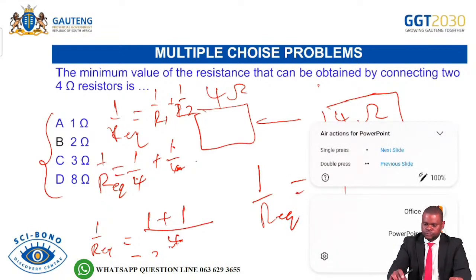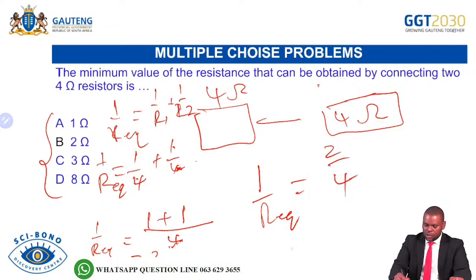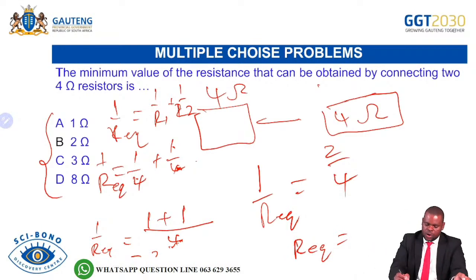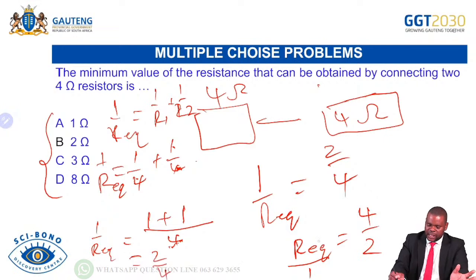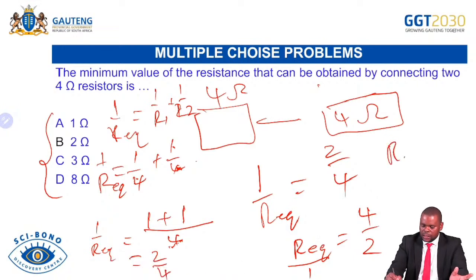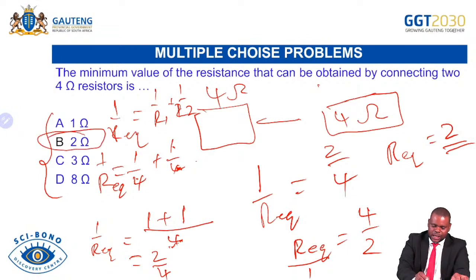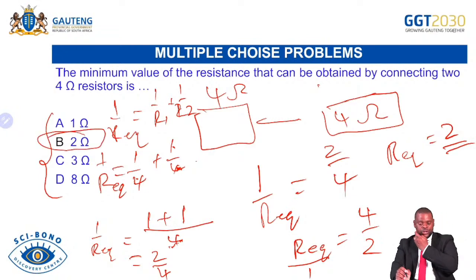Therefore, R equivalent is equal to, can you see now? We are swapping them. We're swapping R equivalent with 1, and we're swapping 4 with 2. Anything divided by 1 is that thing. Then R equivalent is equal to 4 divided by 2, which is 2. Can you see? Then that means our answer is B. Are we together?